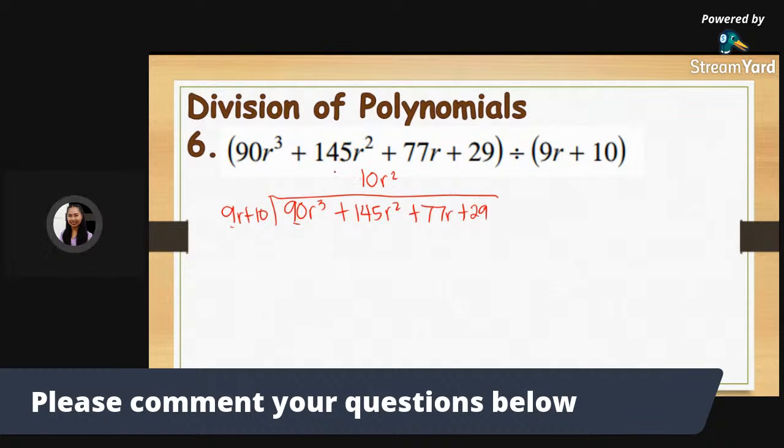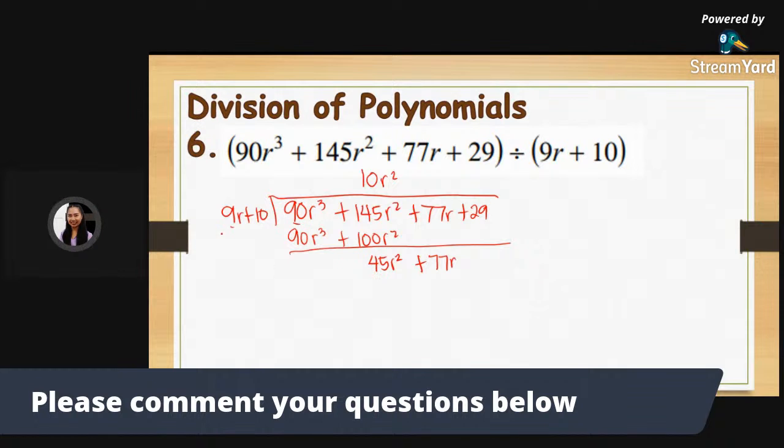Go back by multiplication. 10r squared times 9, we get 90r cubed. And 10r squared times 10, we get 100r squared. So if we subtract them, we get 45r squared. Then bring down your 77r.